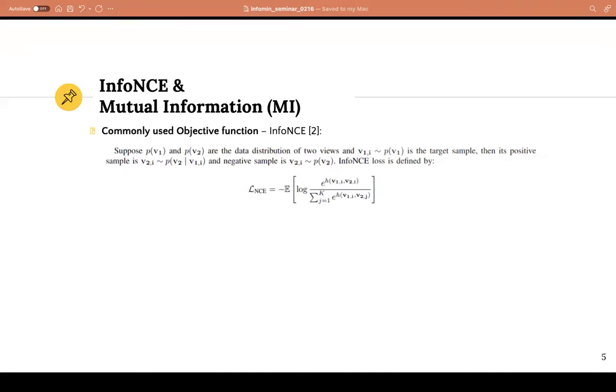And the negative sample is randomly sampled following the P_V2 distribution. We can see here it does not depend on V1_i. So that's a common way to define the negative sample.